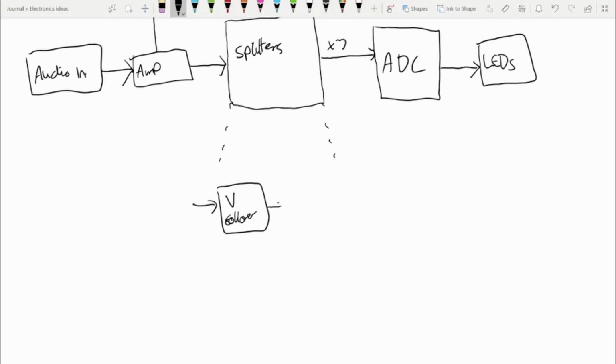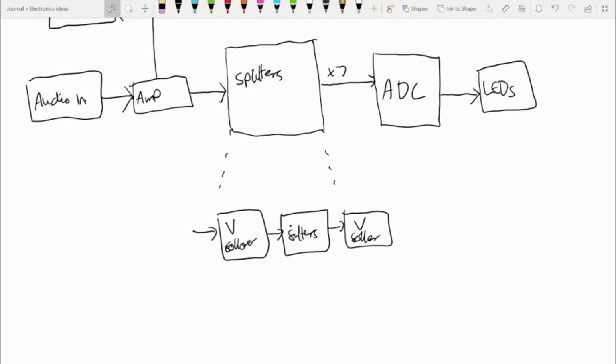And that just means when we go through the filters, we're not going to be affected by current draw through the filter, and if the current was flowing through the filter, that would just change its frequency response, which isn't great. So that's that.